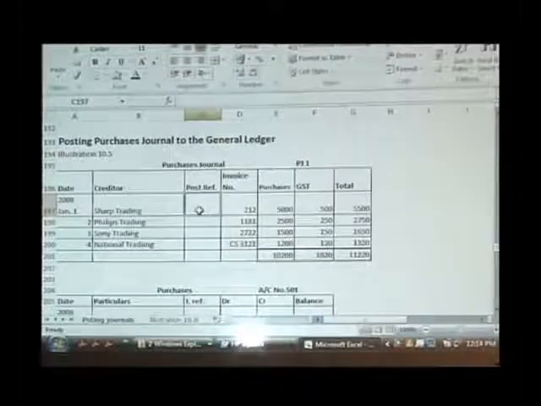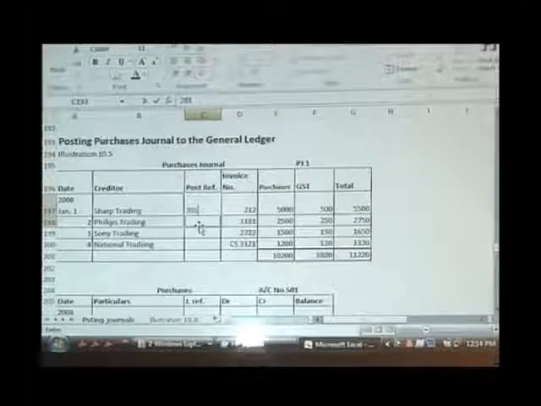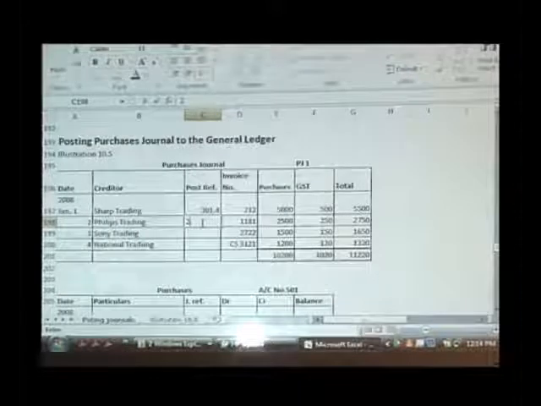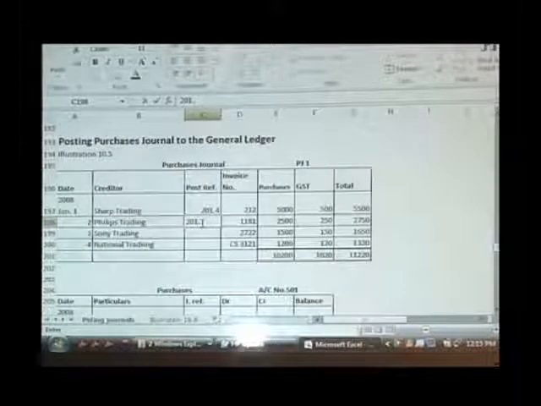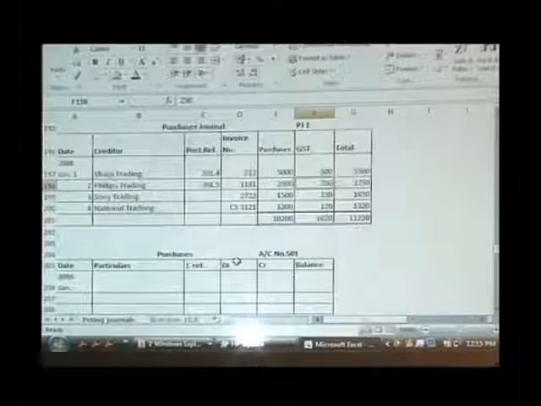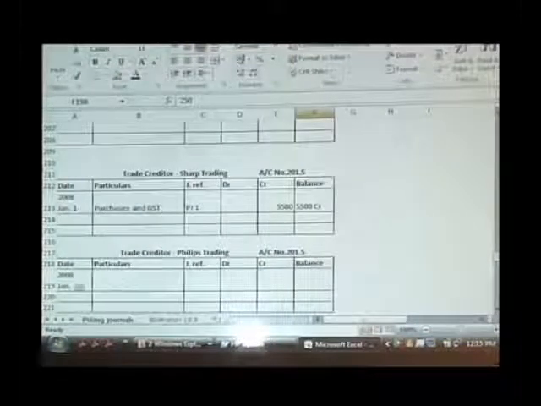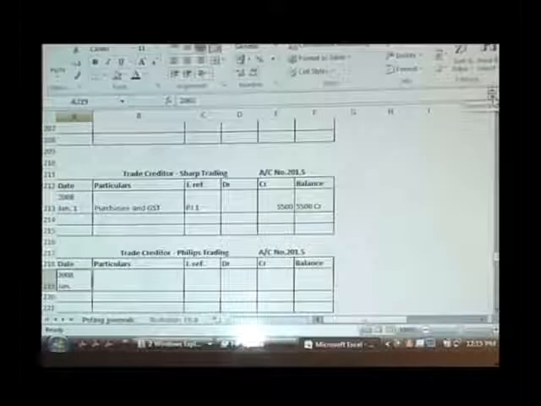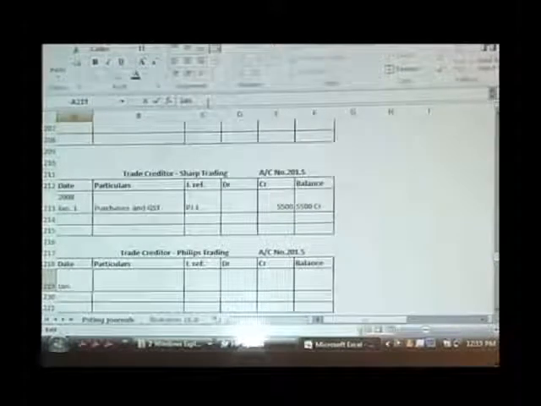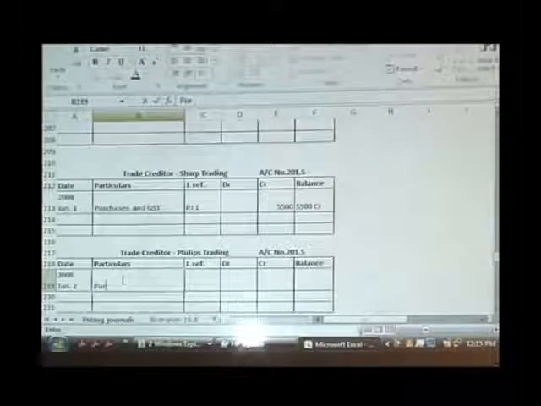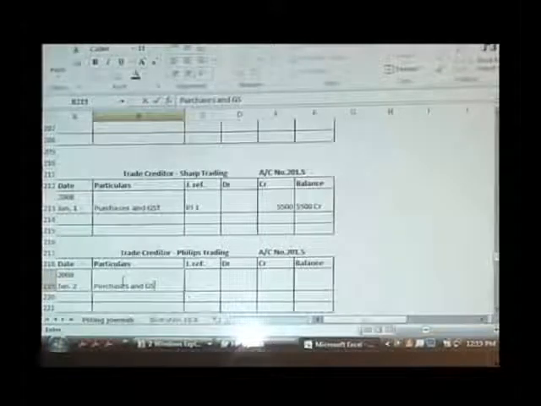Phillips trading, 201.5, amount 2,750, date 2nd, purchases and GST.